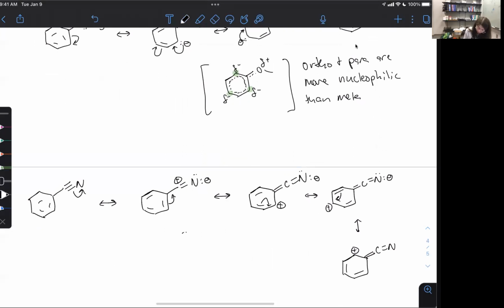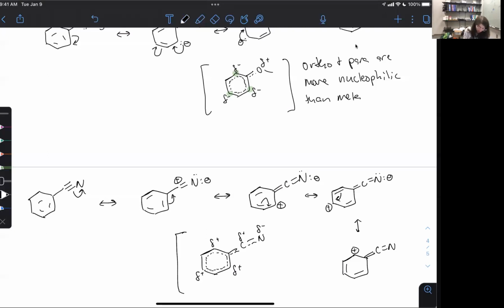Okay, so if we look at the hybrid on this one, what we scattered through the benzene ring is not negative charges this time. It is positive. Okay, so our nitrogen had a delta minus, carbon had a delta plus, and then we had delta plus, delta plus, delta plus. So we actually have our charges falling in the same places as in the electron donating group case, but they are just opposite charges.